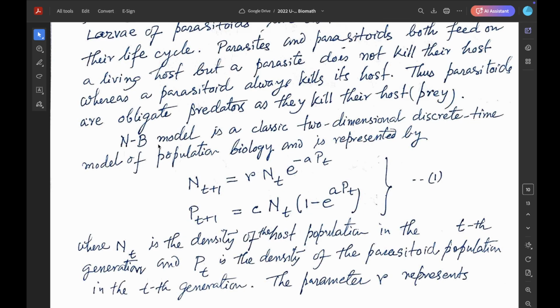Now the Nicholson-Bailey model is the classic two-dimensional discrete time model of population biology and is represented by this.